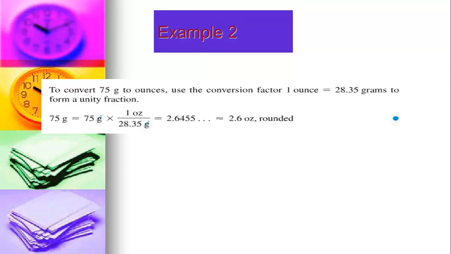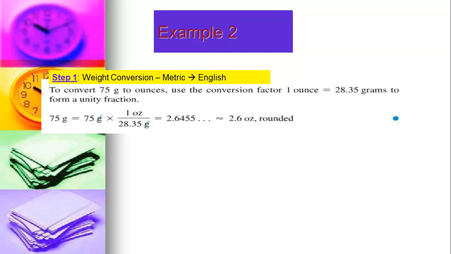Or just multiply 75 times 1 divided by 28.35. And this would be equals to 2.6455 or simply 2.6 ounces. And ito na yung rounded answer.